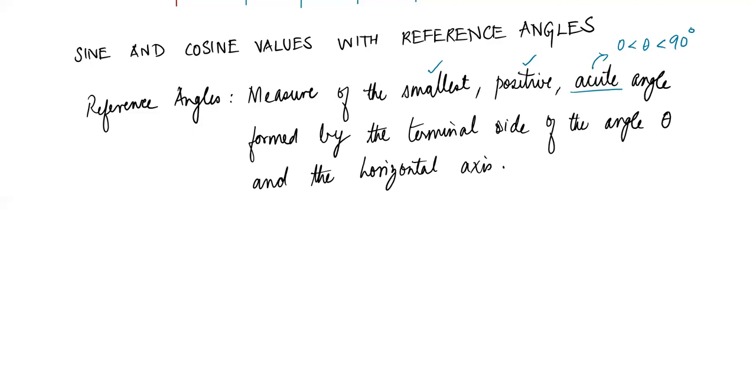So naturally, your first quadrant itself is already measured in reference angles, right? But if you go to other quadrants, then they measure more than 90 degrees, and our job is to see if we can rewrite that angle using reference angles so that it becomes a small positive angle.